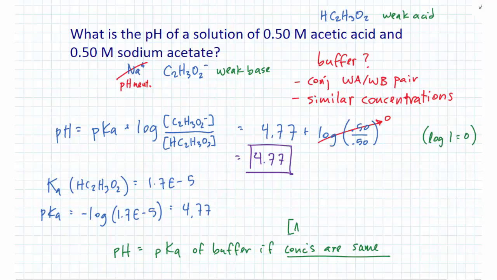Concentration of HA, the weak acid, equals concentration of its conjugate base. Okay? So, that is the simplest kind of buffer to make. If you want to make a buffer that has a certain pH, find an acid with a pKa around that. If you have equal parts, the acid and its conjugate base, you will buffer it to the pKa.